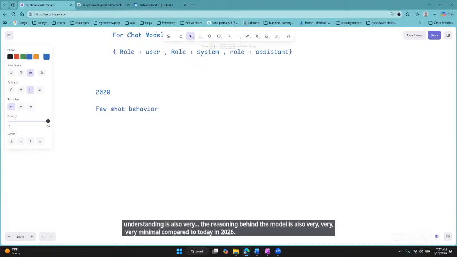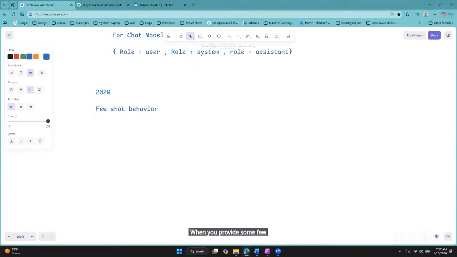With the reasoning capacity it had, when you provided a few-shot behavioral examples, the model relied only on those particular examples. You give five examples, and the model tries to understand only based on these five. It may not understand a sixth example that you did not provide, so it sticks to these five examples only.